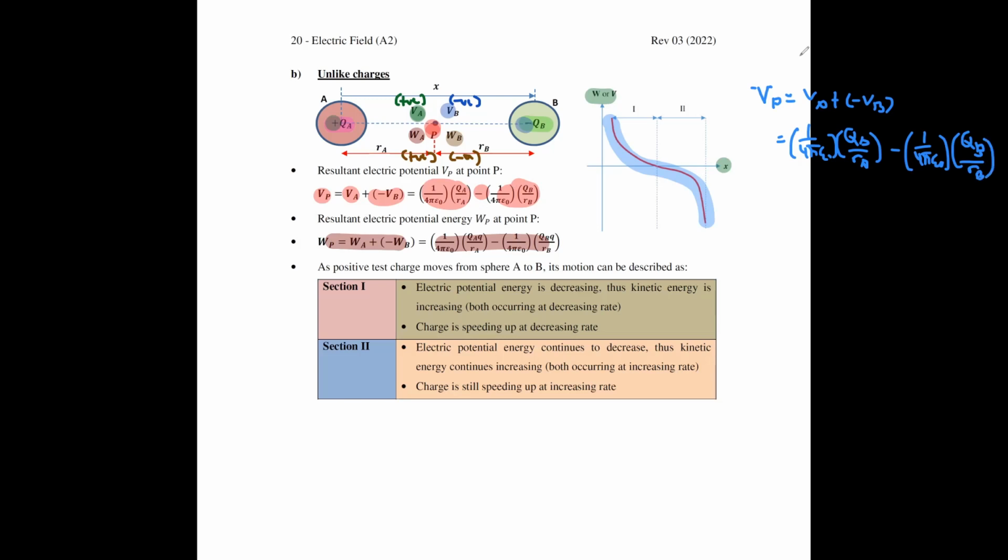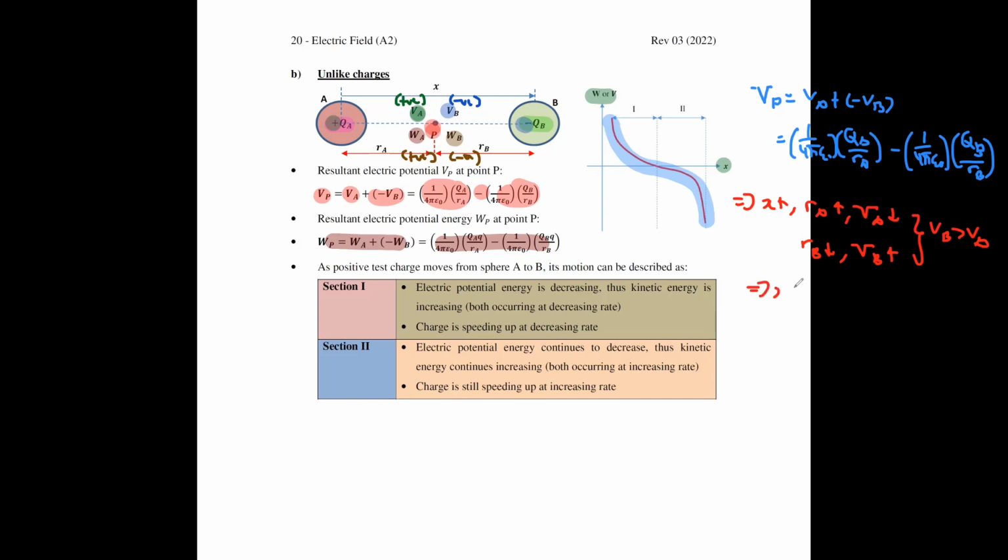Okay, so same thing as before. If X increases, Ra increases, Va drops, but Rb decreases, Vb increases. So that now Vb is more than Va.